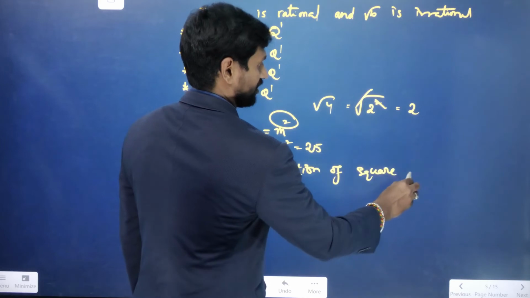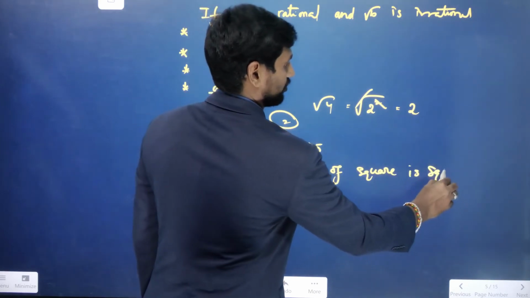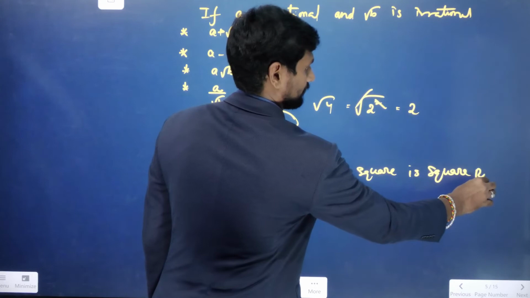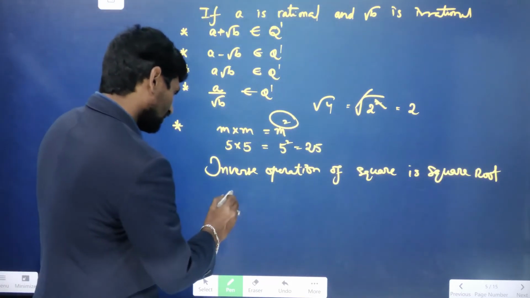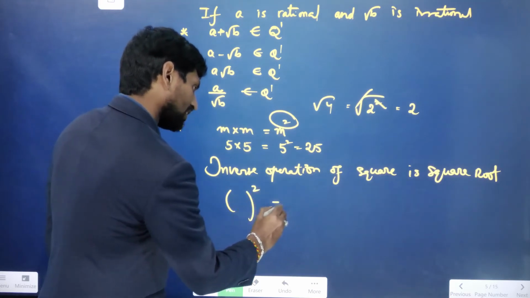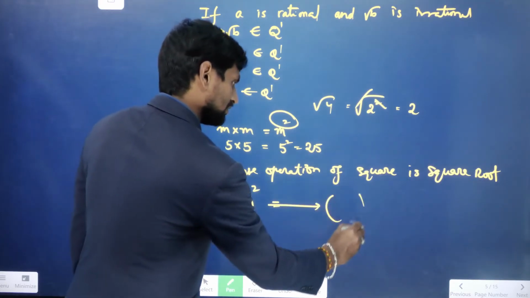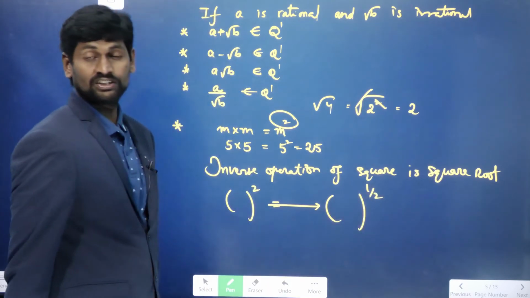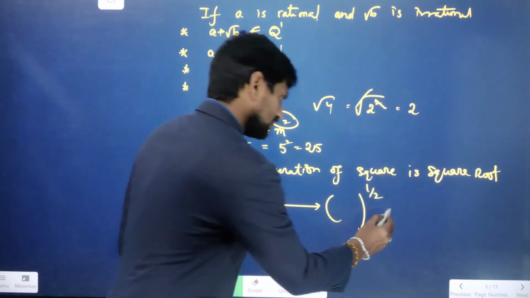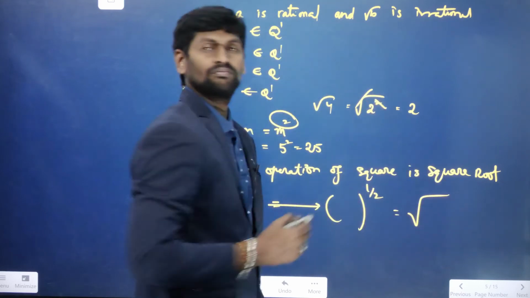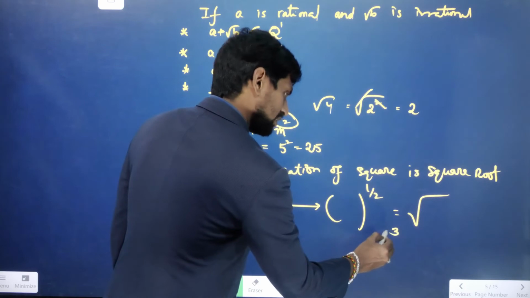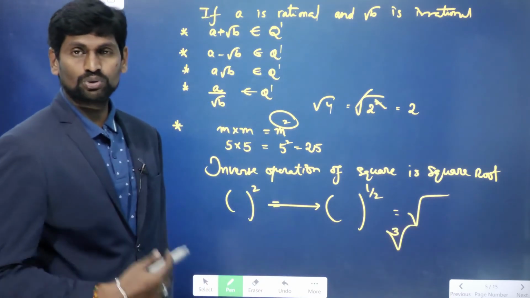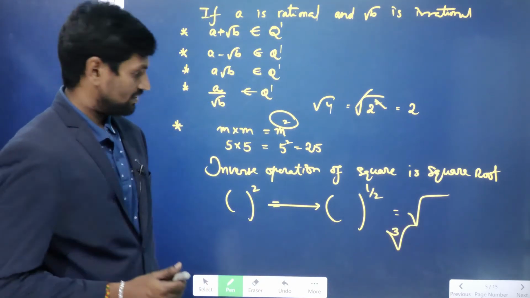Square root is nothing but the whole to the power of 1 by 2. That is the symbol for square root. Cube root, fourth root, fifth root, like that.